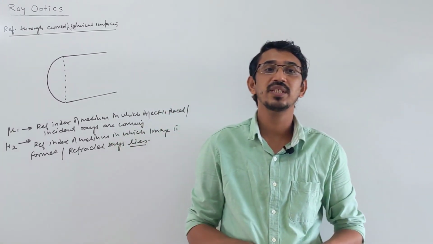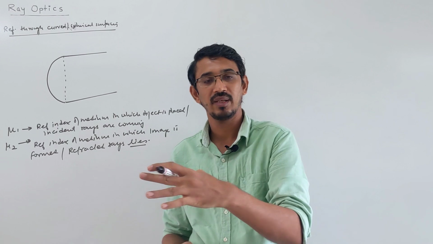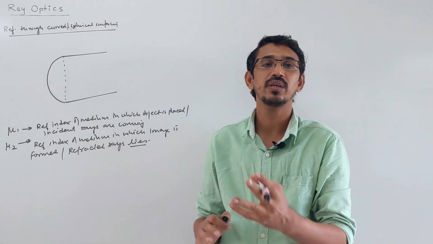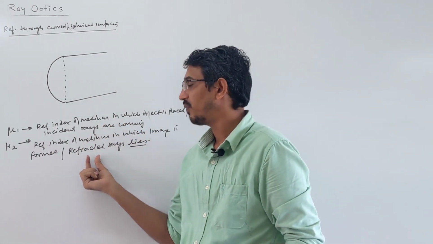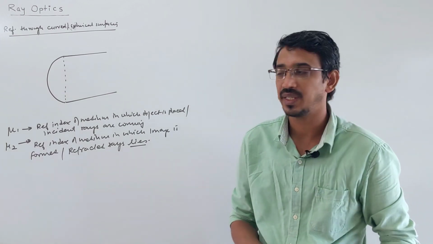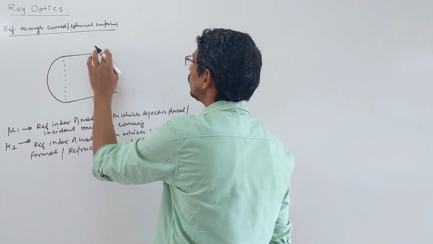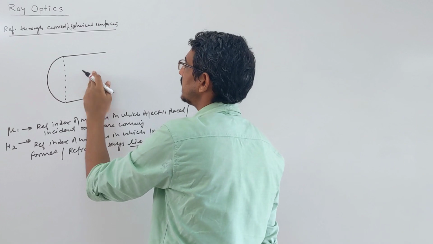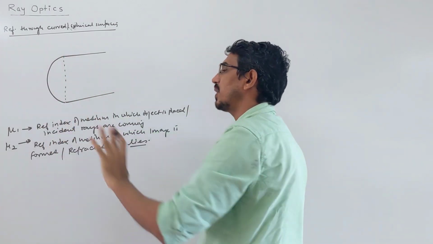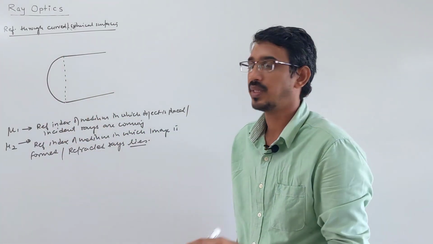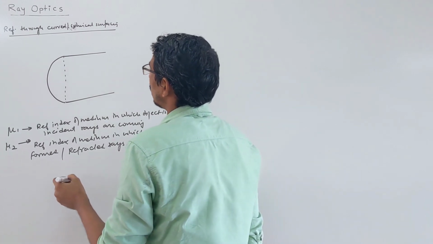Mu1 is the refractive index of the medium in which your incident rays are, and mu2 is the refractive index of the medium in which your refracted rays lie, or your image is formed, right? Look here. The object can be placed inside or outside. This surface can be convex or concave, it doesn't matter. So they define small points.